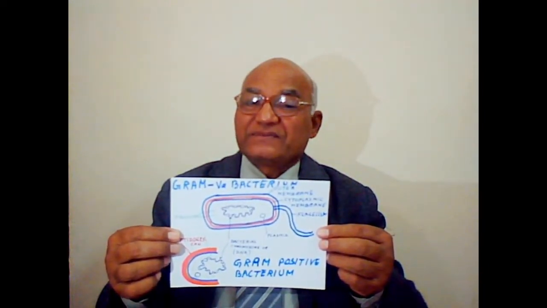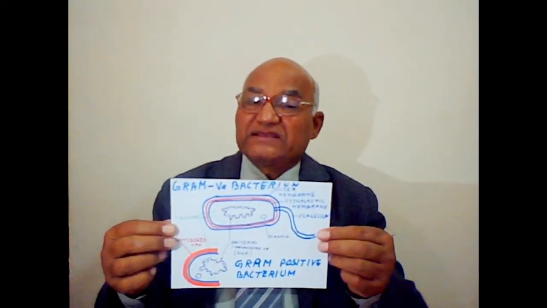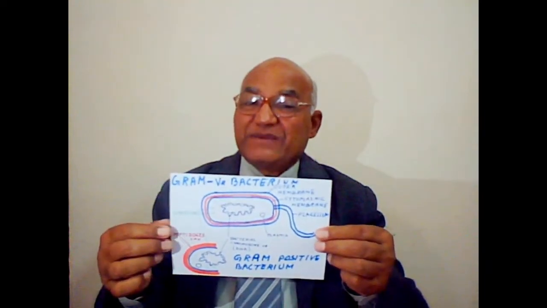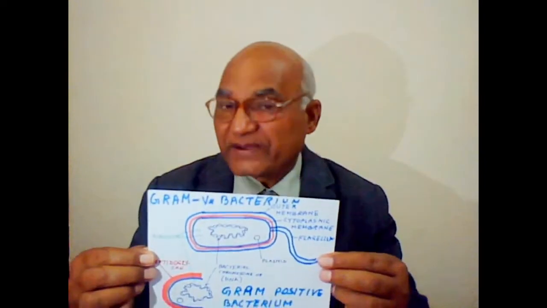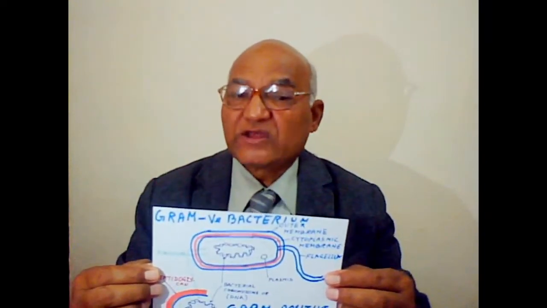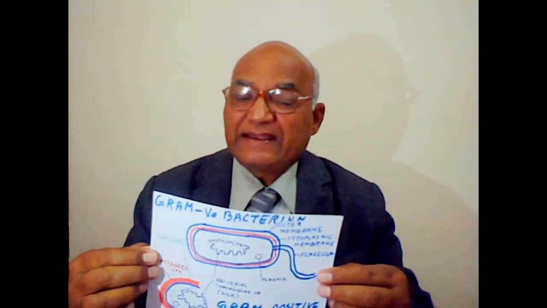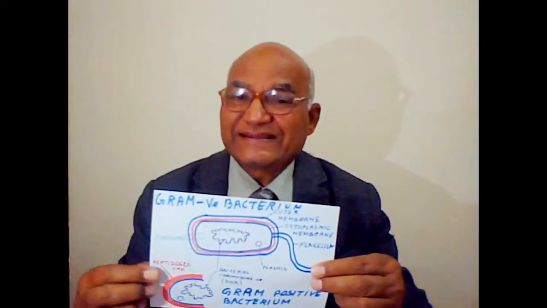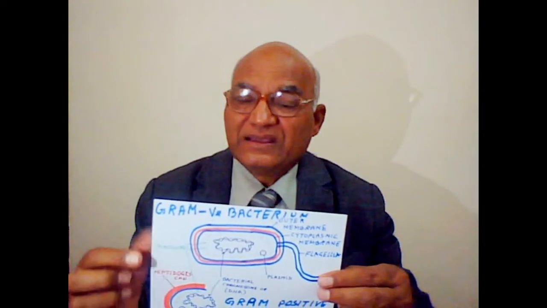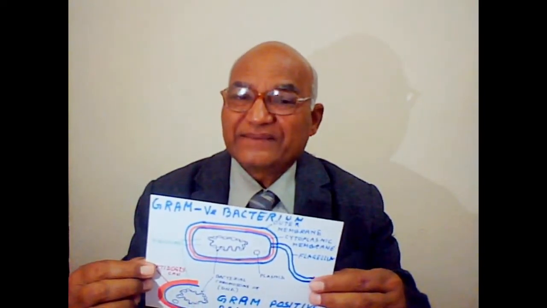And besides, some smaller appendages, hair-like appendages may be there, which are known as the fimbriae. The function of the fimbriae is also attachment, and another appendage may also be there on the bacterial cell, not shown here in this diagram.